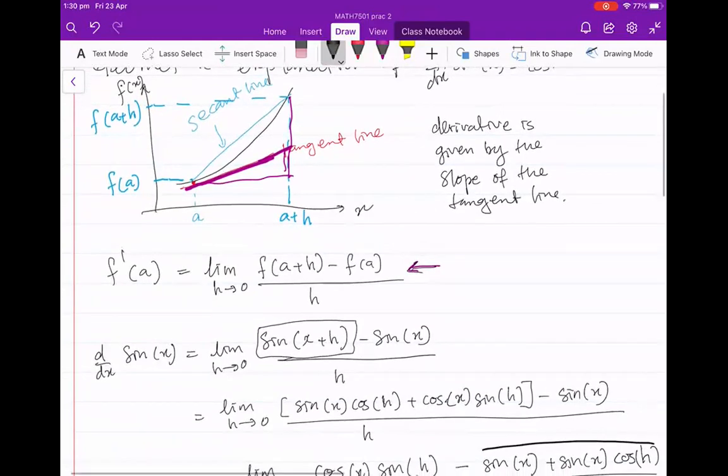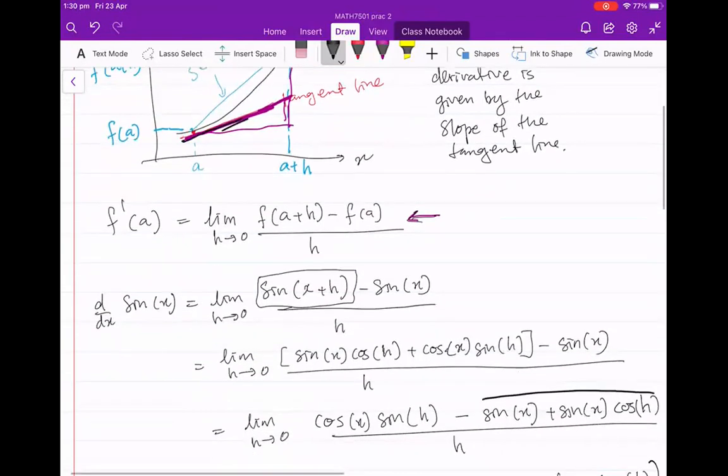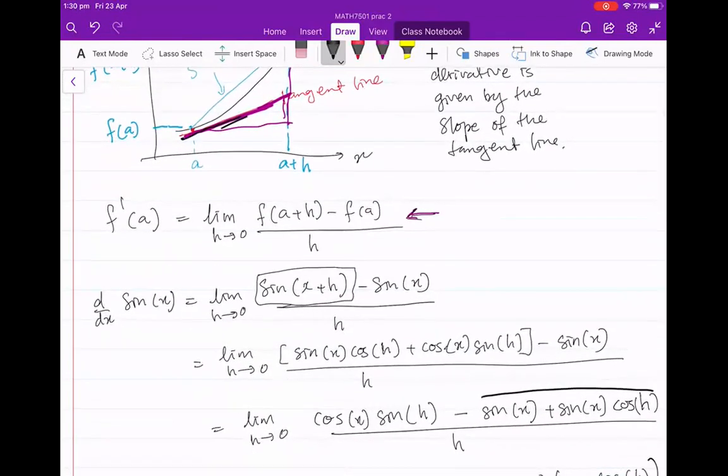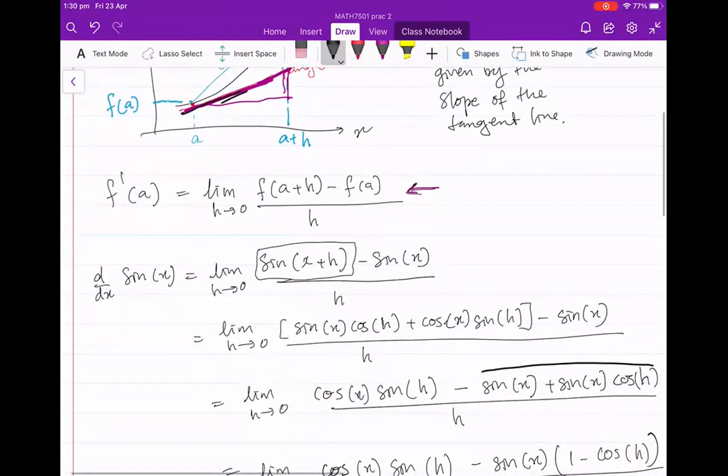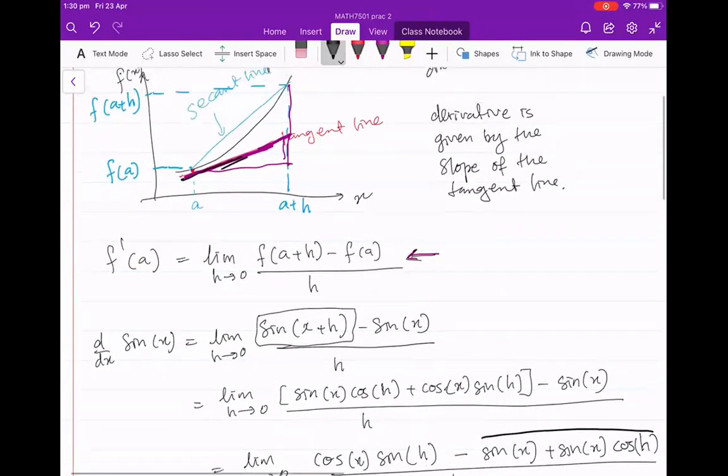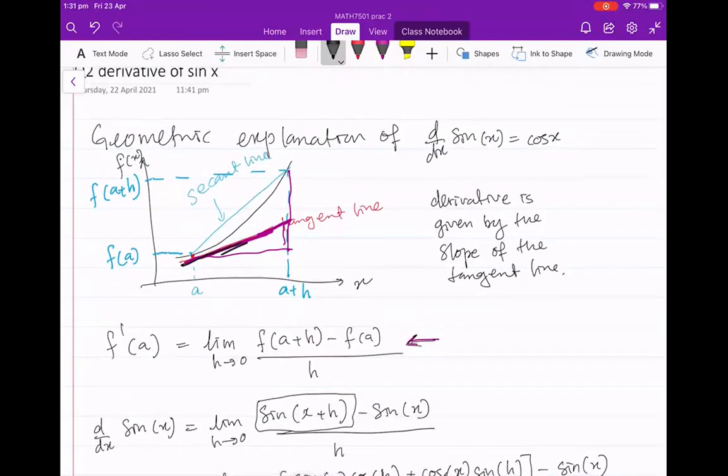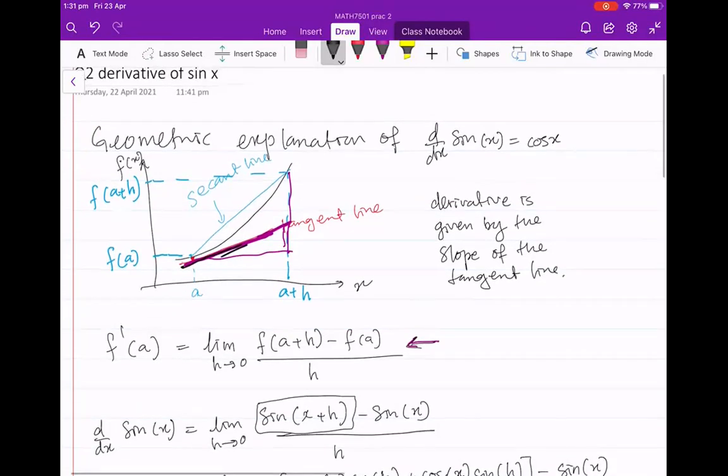So the idea is we get the slope of the tangent line using rise over run. And then to get the derivative of sine x, we just apply this idea here. So limit as h goes to 0, we have sine of x plus h minus sine x divided by h.